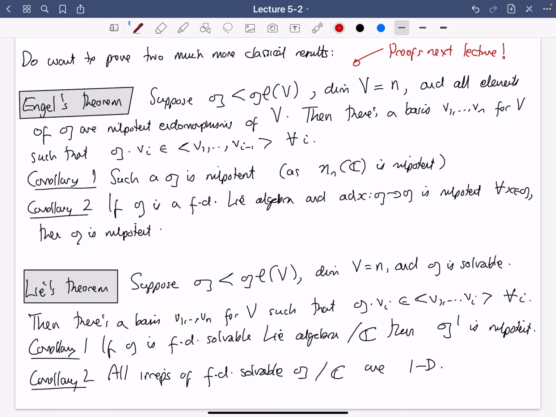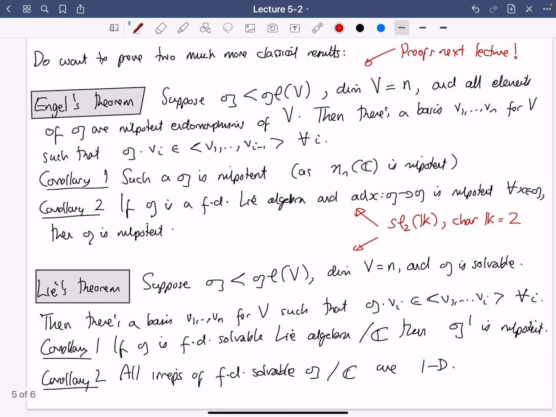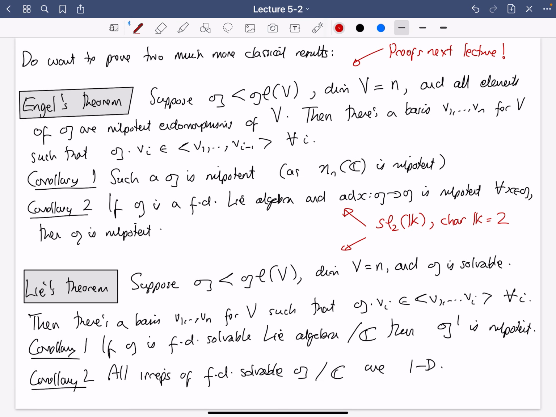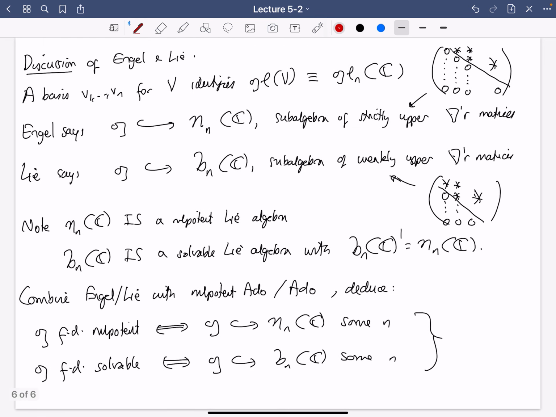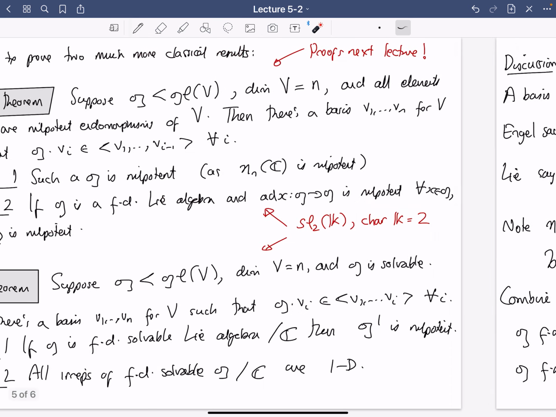It's worth thinking about both theorems with the example of the Lie algebra sl_2(K) for K of characteristic 2. Engel's theorem is actually true for any field, just as Ado's theorem is true for any field. Engel's theorem doesn't need to be algebraically closed or of characteristic 0. So everything I've said so far about Engel is true in general. A finite dimensional nilpotent Lie algebra can be embedded into the strictly upper triangular matrix Lie algebra over any field.